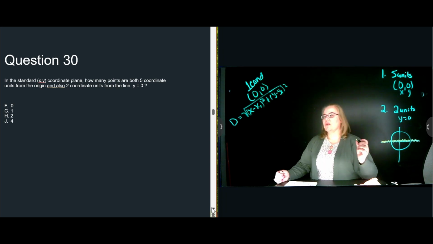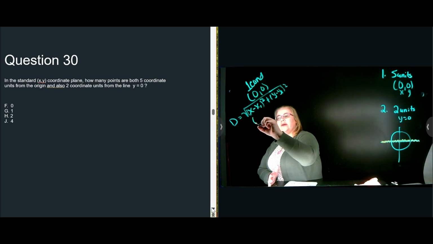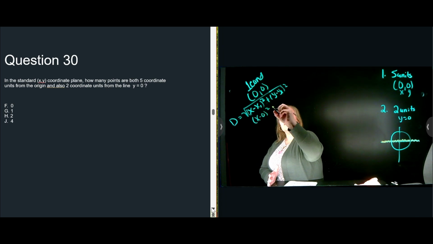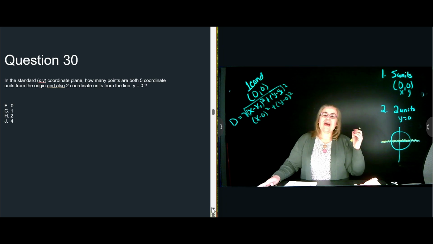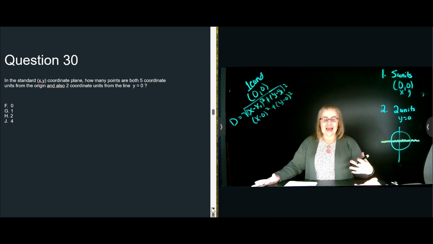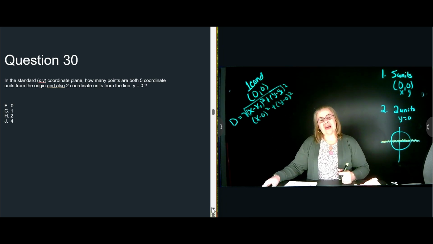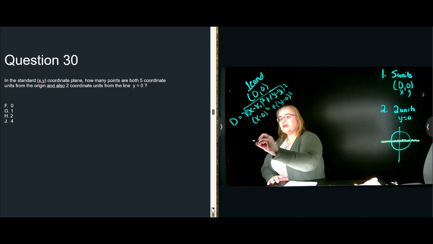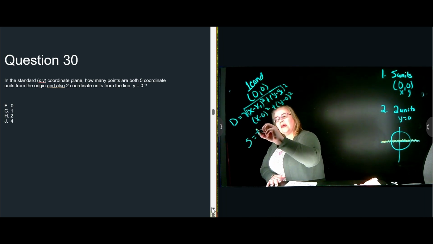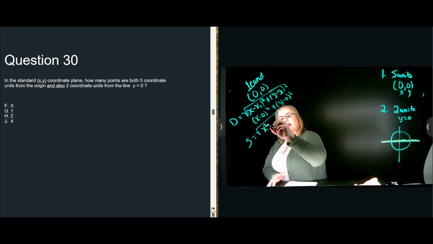It's this 0, 0. So I'm just going to simply put x minus 0 squared plus y minus 0 squared. We know anytime you have anything and you subtract 0 from it, it does not change the value. So the distance that we're looking for in this first condition is 5, and we have the square root of x squared plus y squared.